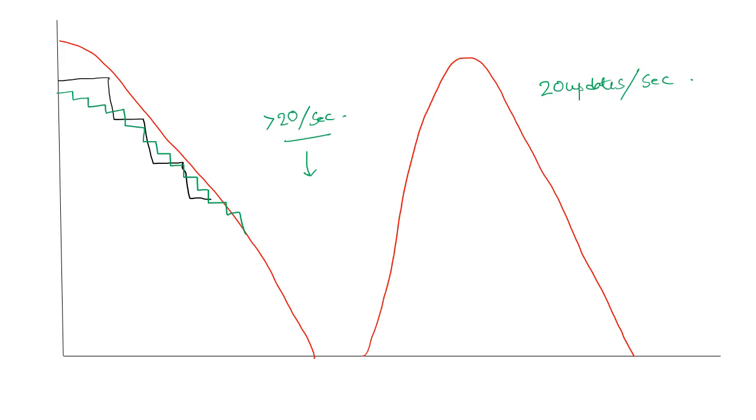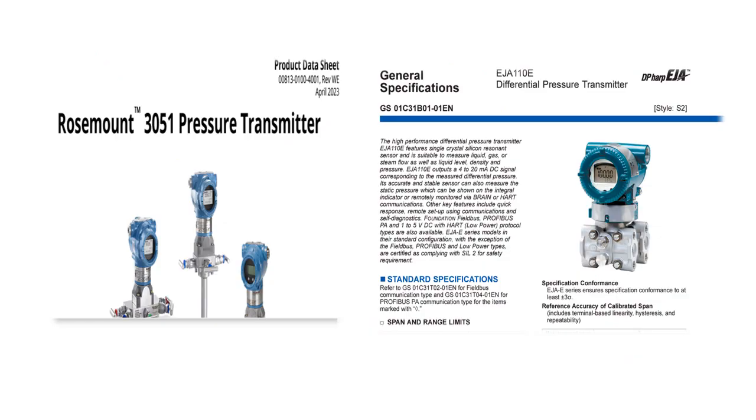Now let's look into some popular DP transmitter manuals, and what they have mentioned about the response time and update rate. So we are considering two popular transmitters.